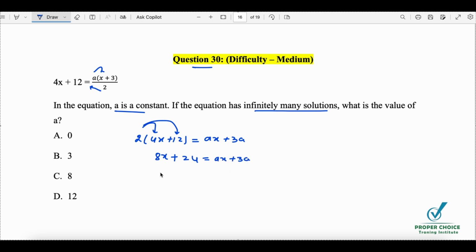To have infinitely many solutions, the number with x on the left side should be the same as on the right side, so a must be equal to 8.